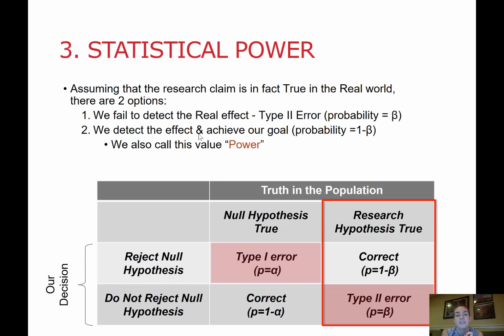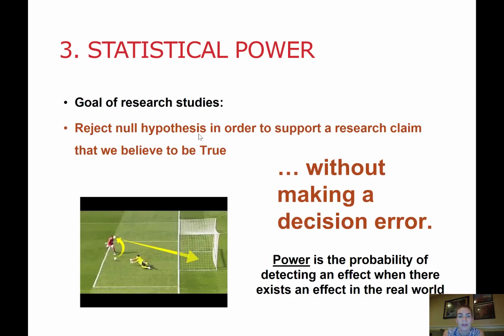And that must be true because beta and power must equal 100% or 1. So just to summarize, the definition of statistical power is the probability of detecting an effect when in fact the effect exists in the real world. And that probability is equal to 1 minus beta.